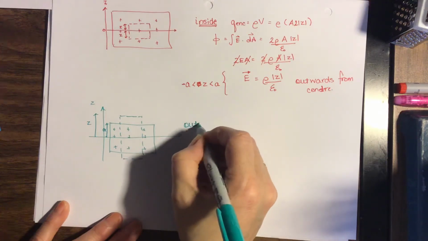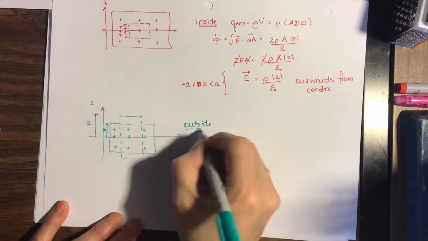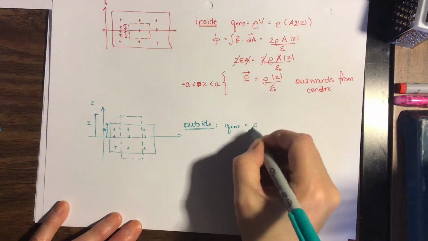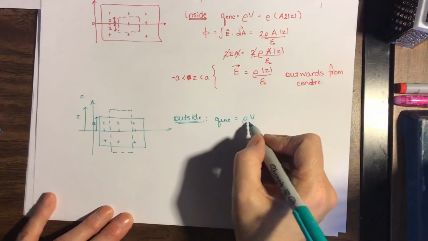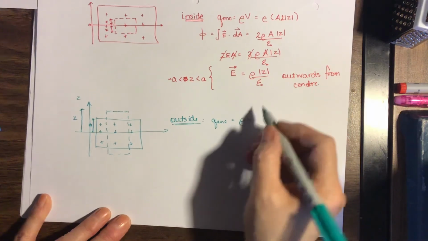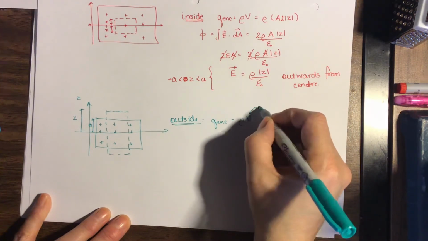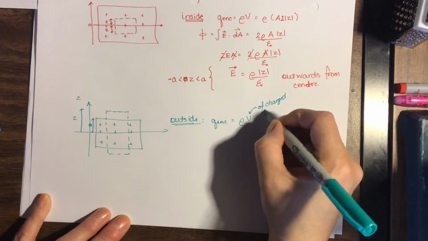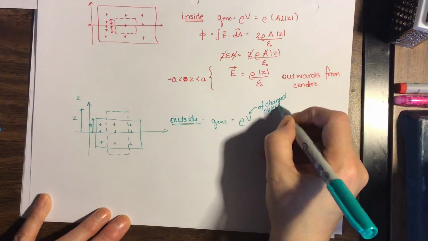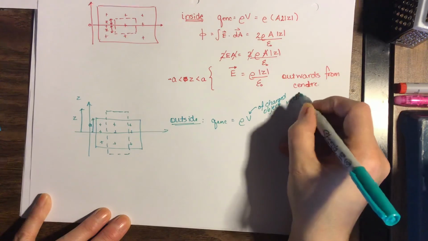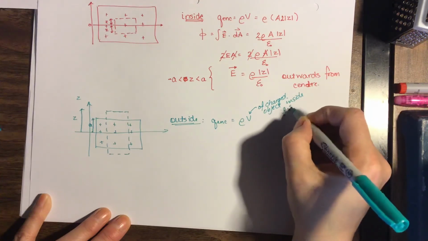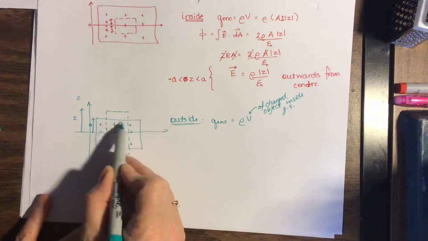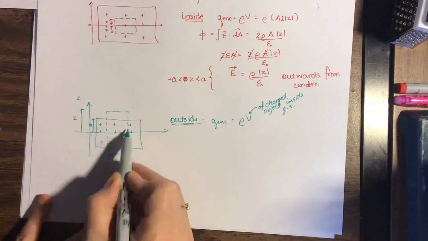So once we're outside, Q enclosed equals rho times V. This V refers to the volume of the charged object inside the Gaussian surface. I'll just do GS for Gaussian surface. So this white space here doesn't count. There's nothing charged there. It's only this stuff that we need to find the charge on.